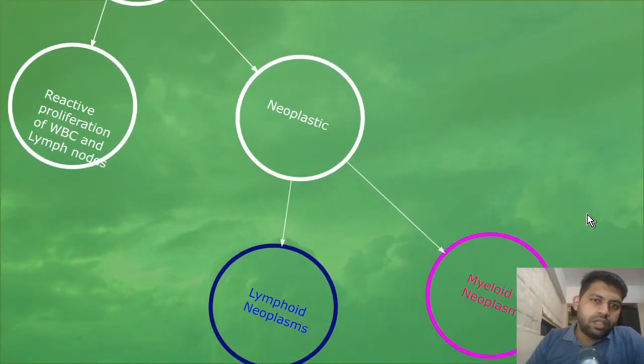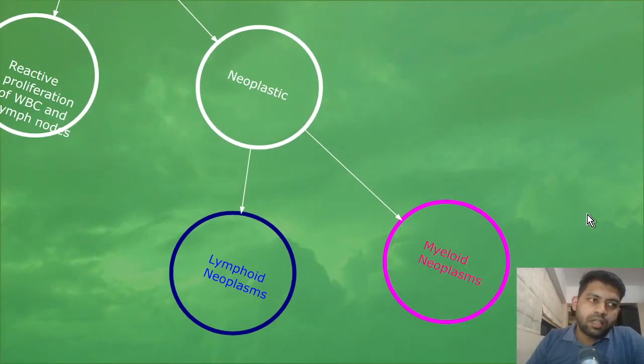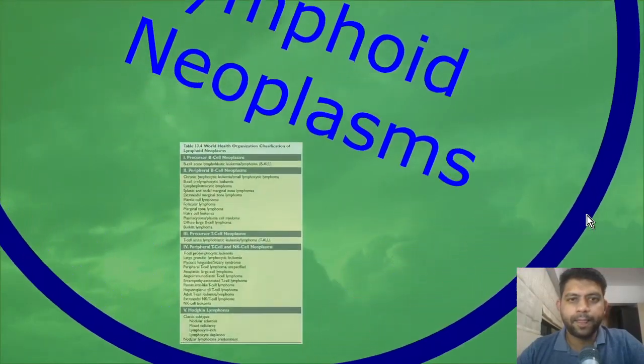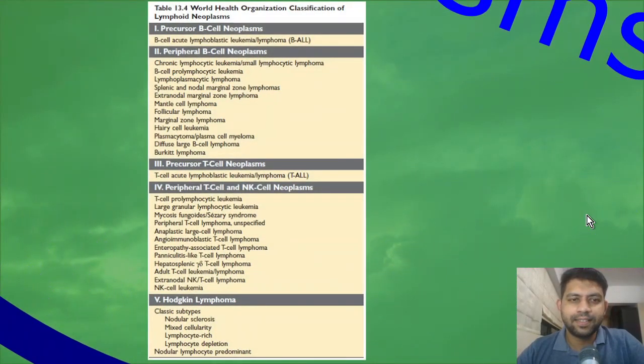And the neoplastic proliferation is divided into two, lymphoid or myeloid neoplasms. And of course there are a lot of lymphoid neoplasms.